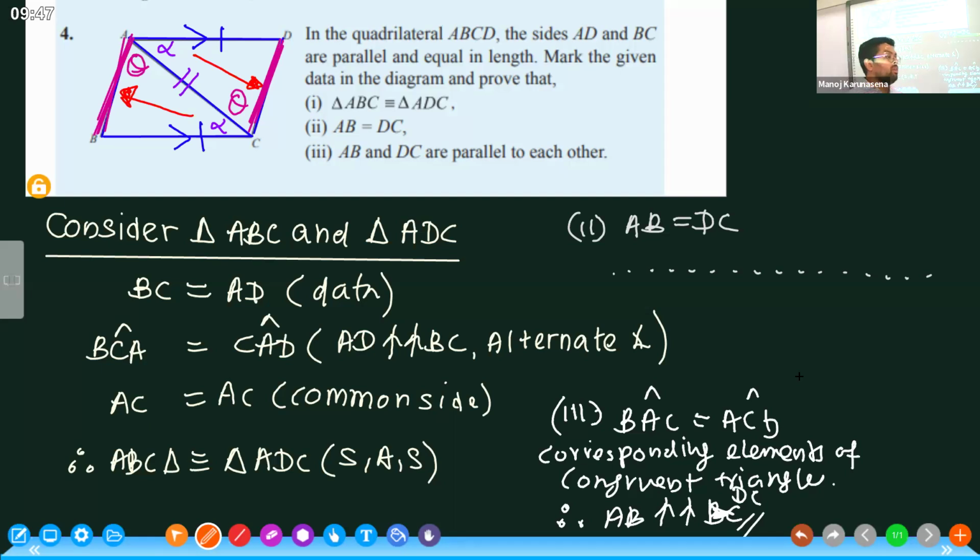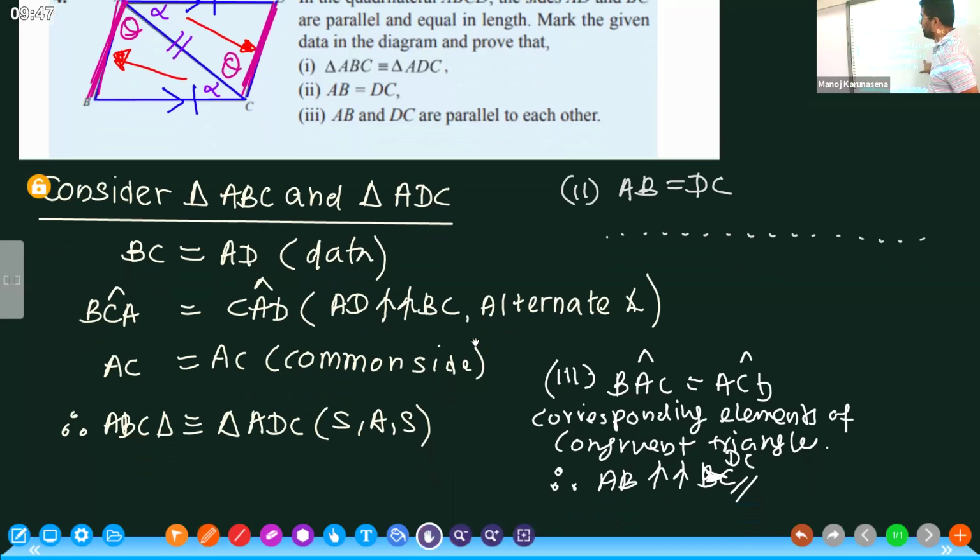Right. Now the first case is side angle side. Now the second case, right?